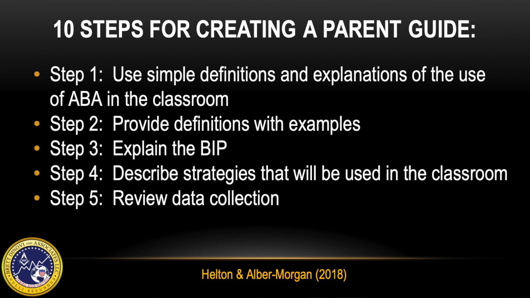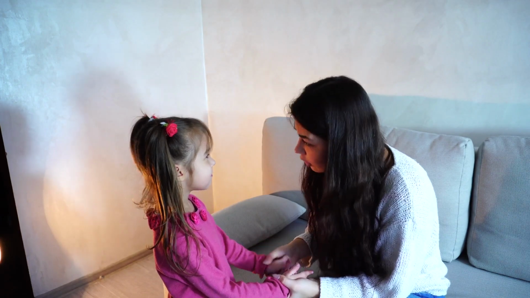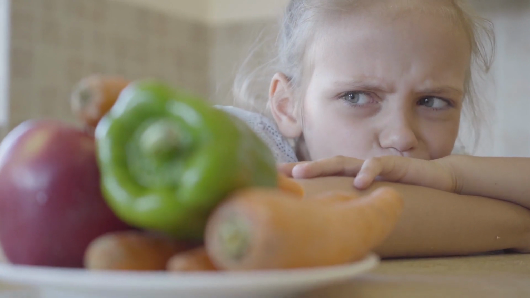Step 3. Share information on their child's BIP by reviewing when, where, and how long services will be provided. The BCBA can explain the ABCs of ABA. These are the antecedent, what happens immediately before the target behavior; the target behavior, which can be described as exactly what the behavior looks like; and the consequence, what happens immediately after the occurrence of the target behavior.